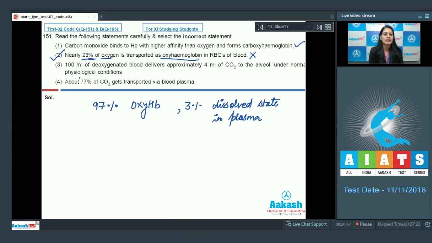Our third statement given is 100 ml of deoxygenated blood delivers approximately 4 ml of CO2 to the alveoli under normal physiological conditions, and this is a correct statement.